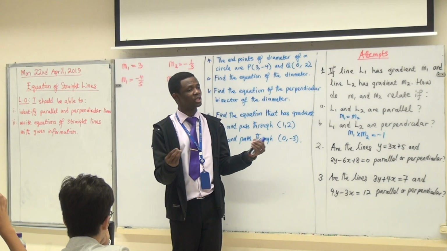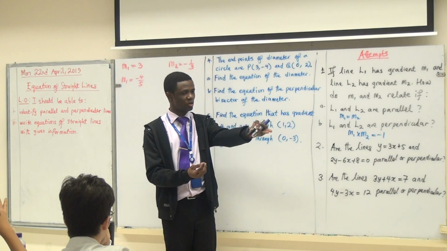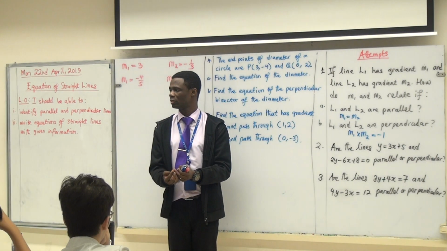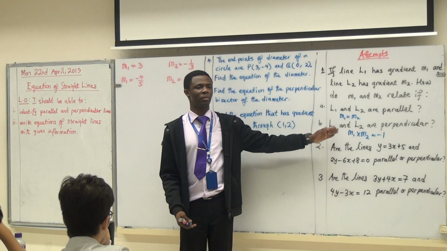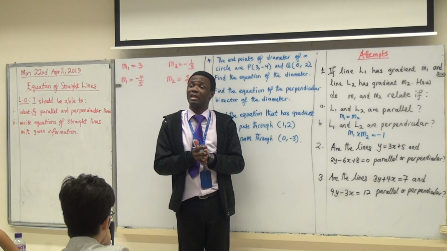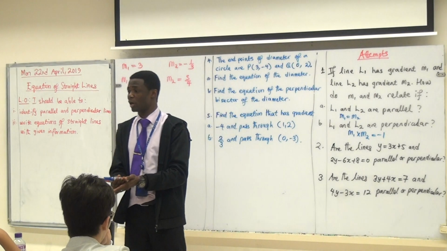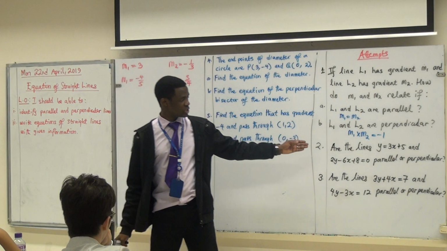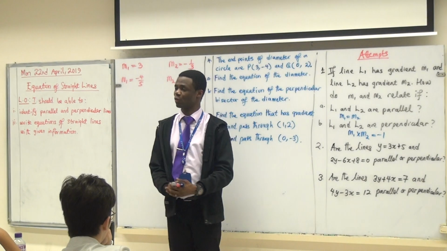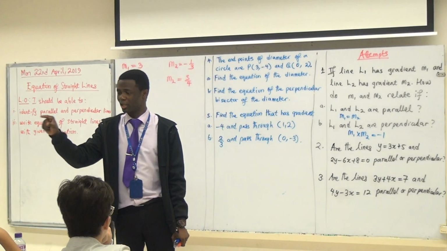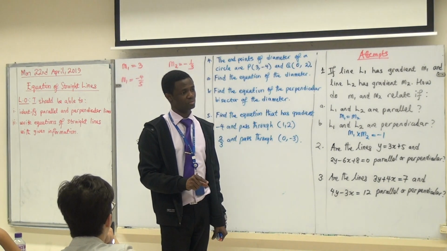To establish the connection between their gradients. That's the goal. Because we have just reminded ourselves that if the gradients are the same, they are parallel. If the gradients multiply to give -1, they are perpendicular.